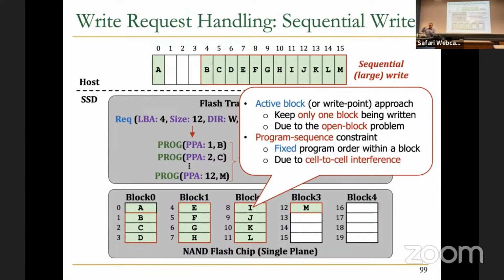So that's why you have 1 active block, you write to it and get it done, and then close it, and then go to another active block. Sometimes the flash controller even writes some dummy data to that block just to close it and make sure they don't cause reliability issues.